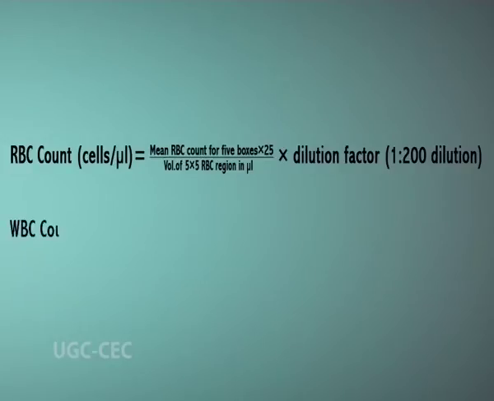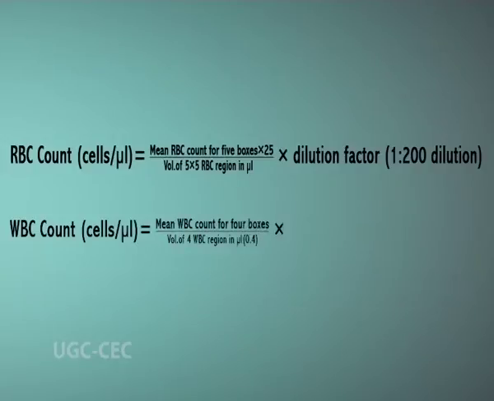WBC count, cells per microliter, equals mean WBC count for 4 boxes divided by the volume of the 4 WBC region in microliters, 0.4, multiplied by the dilution factor, that is 1:20.